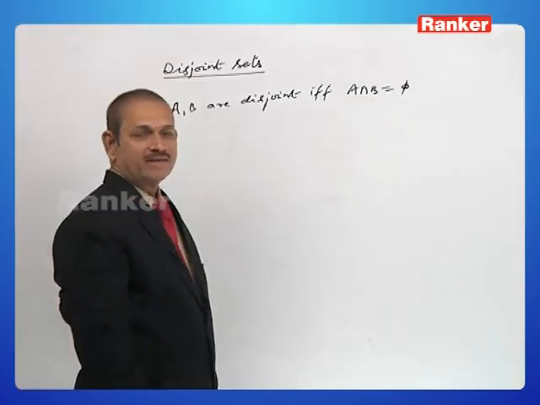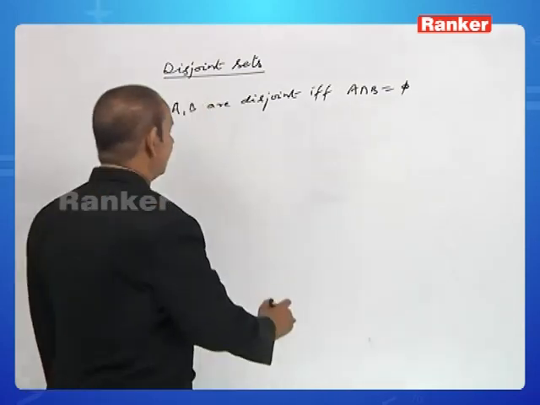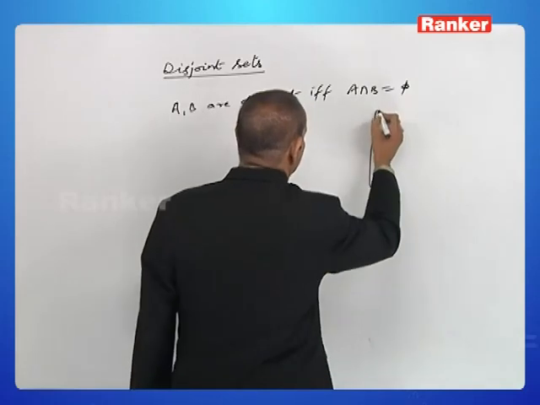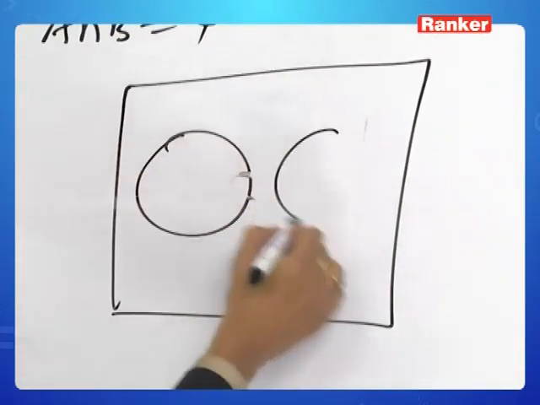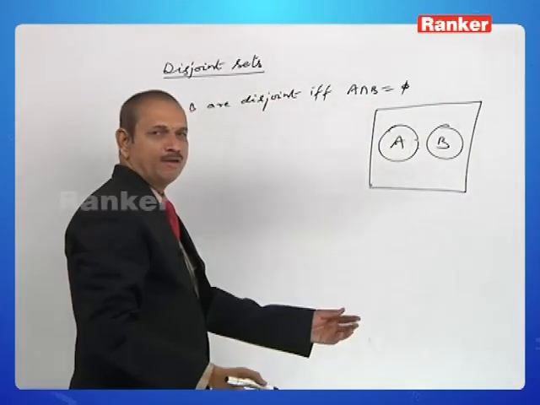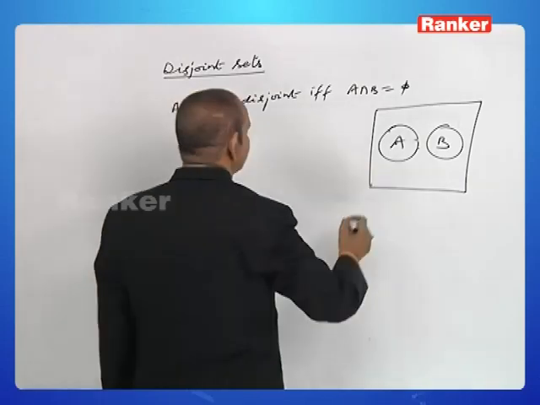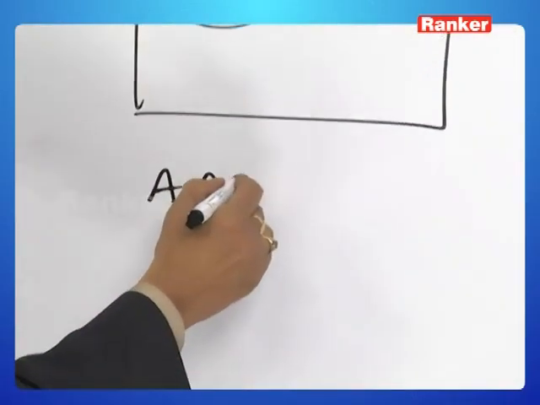Well, there are again beautiful properties of these disjoint sets. What are they? Look here. How can you represent disjoint sets A, B? Is there any common portion? No. Good. From the diagram itself, what can you say? A intersection B is equal to phi.